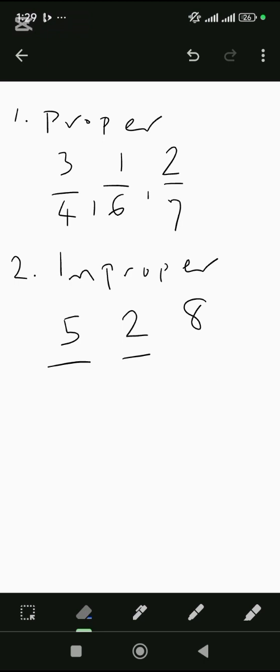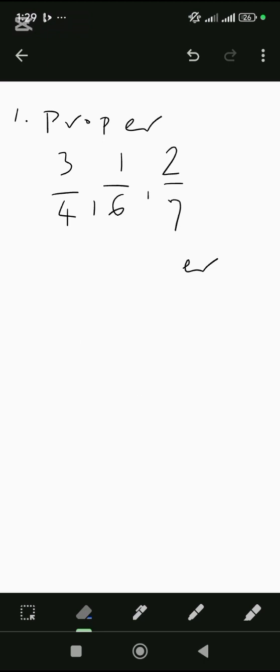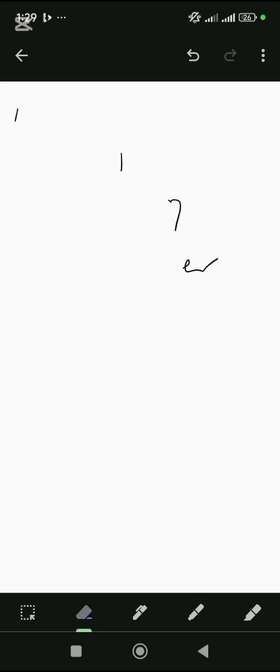Now let's look at number 4 as a type of fraction. We have what we call like fractions. Fractions with the same denominators are called like fractions.